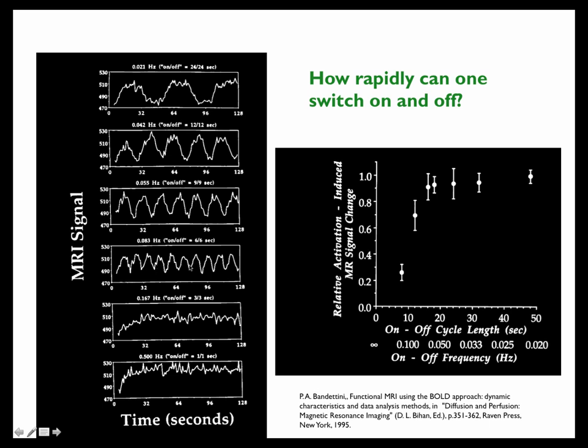But here it looks almost exactly like a sine wave. So if you're doing some pure Fourier analysis of your data, you might want to activate at this frequency. Another thing that happens is that the signal typically becomes saturated in the on state, which means it takes a little bit longer to return to baseline.